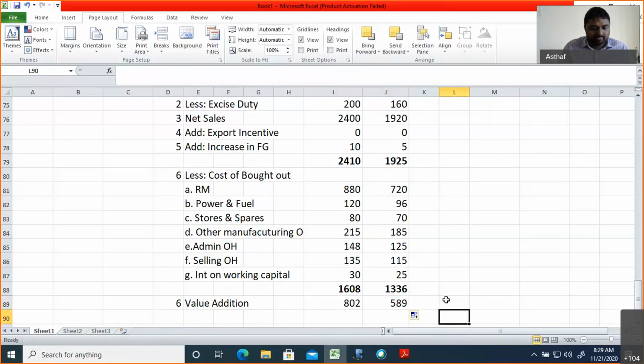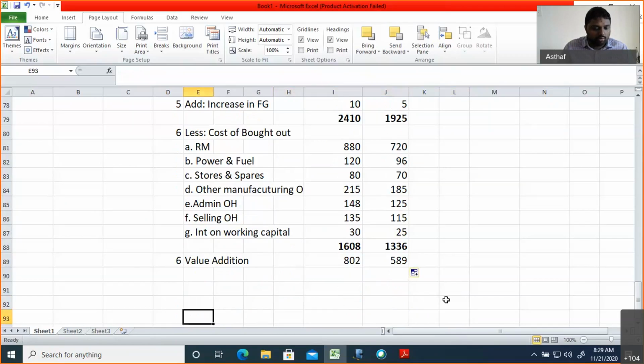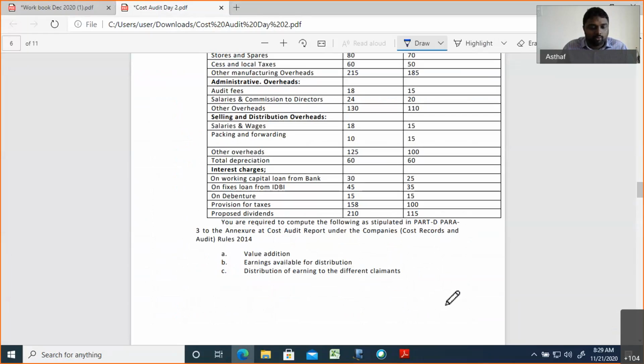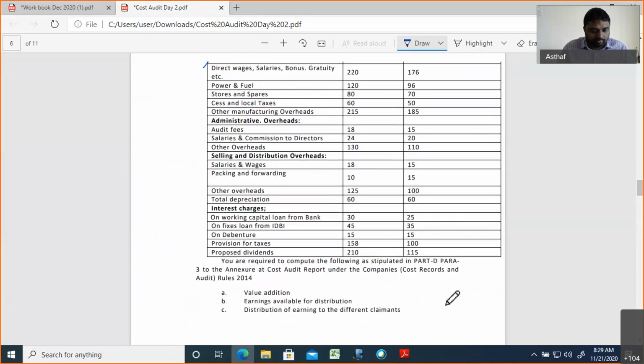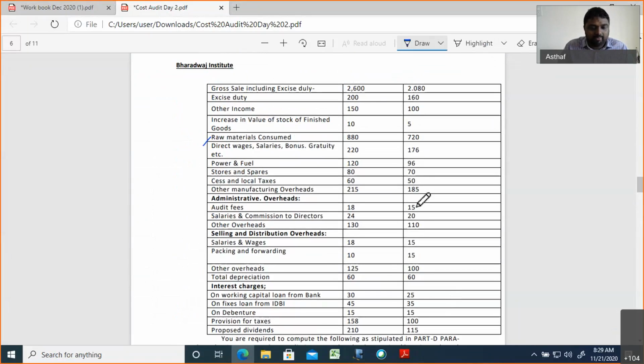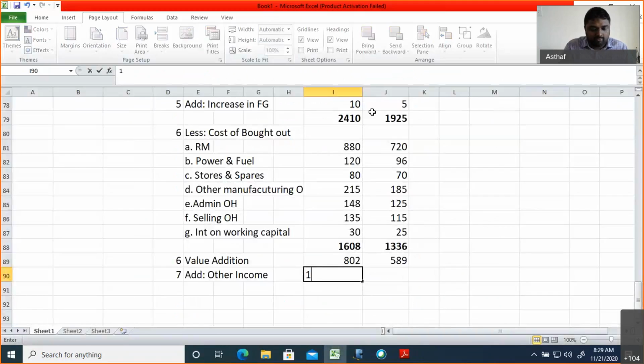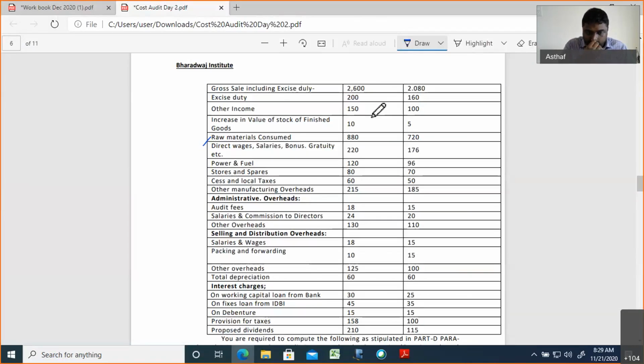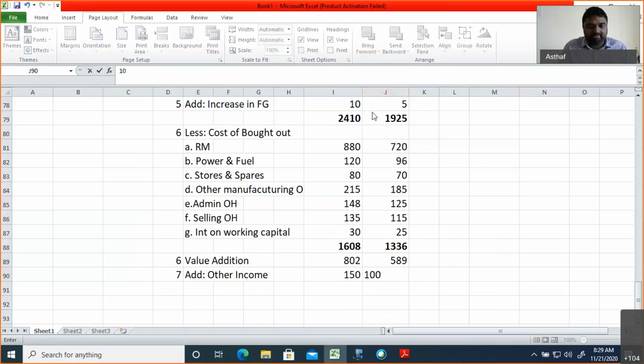See? Now what we have to do? We have to add other income. What is other income? Other income is in the beginning itself, 150 and 100.